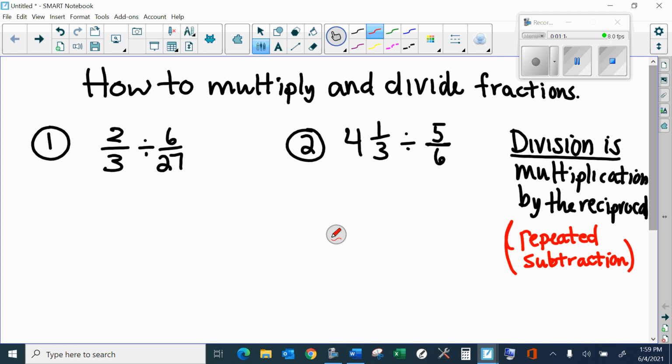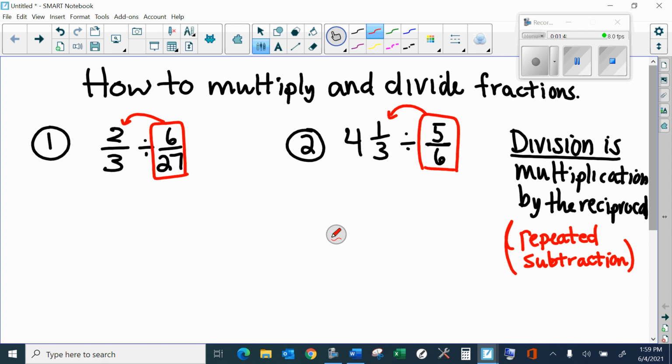So when number one says 2/3 divided by 6/27, what I'm asking is how many times does 6/27 go into 2/3? So it's how many times the number on the right goes into the number on the left. Okay, that's what you're asking. So if they ask what division means, that's what it means. Okay, now how do you do the calculation? That's the multiplication by the reciprocal.